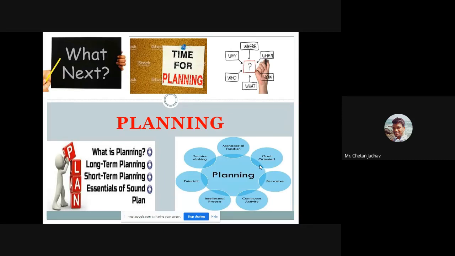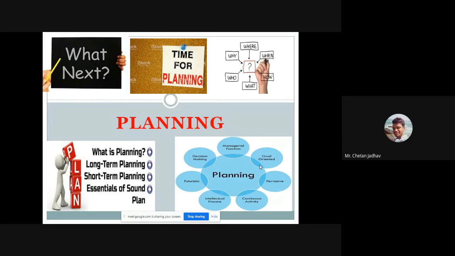Then how to do planning? First thing, where to do, then when to do, then how to do, what things we have to plan, then who is going to do the planning, and why. A very important question: why are we going to do planning? There is some desired reason for doing any planning.